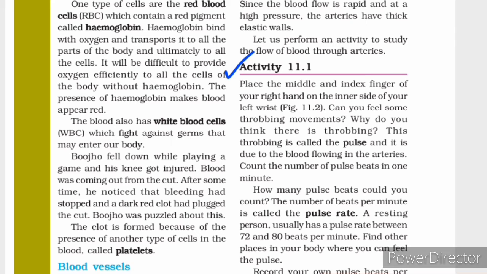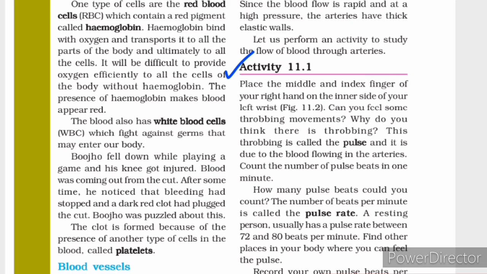Count the number of pulse beats in 1 minute. How many pulse beats could you count? The number of beats per minute is called the pulse rate. A resting person usually has a pulse rate between 72 and 80 beats per minute.